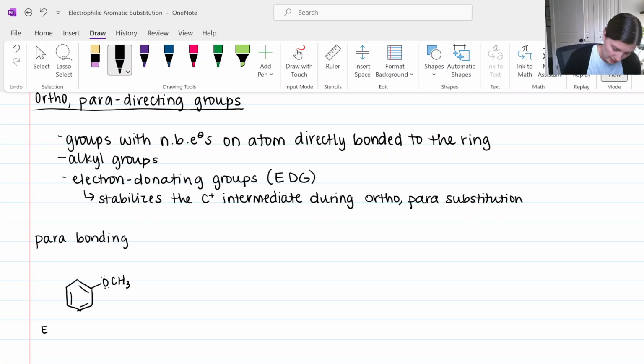So we'll just keep E+ as the electrophile. Just a generic electrophile. So if any electrophile is being added, we're adding to the para position, so opposite of the methoxy group. Electrons from the pi bond will create a bond to the electrophile.